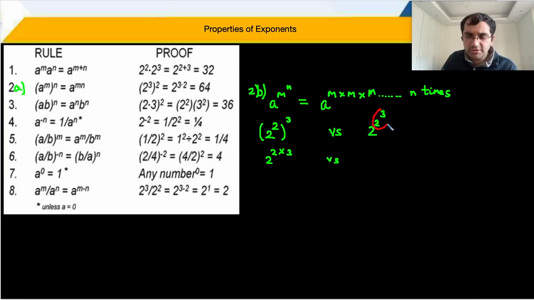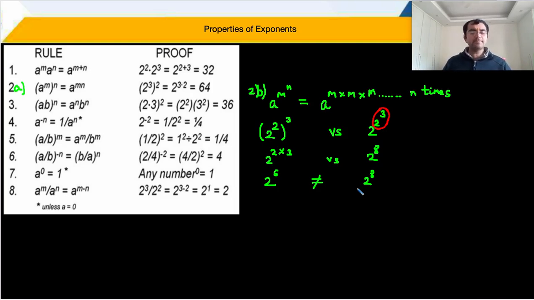What is 2 to the power 3? 2 into 2 into 2, that's 8, right? So this becomes 2 to the power 8. So as you can see, you end up with 2 to the power 6, and over here you end up with 2 to the power 8, and these two are not equal to each other. These are two different properties. Property 2a has a bracket, property 2b does not have a bracket.